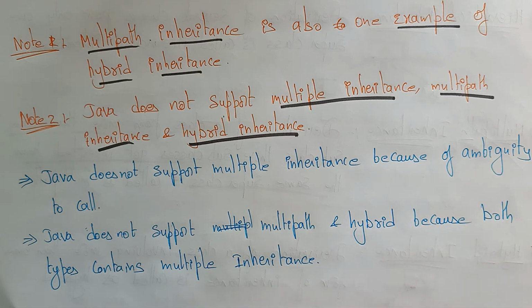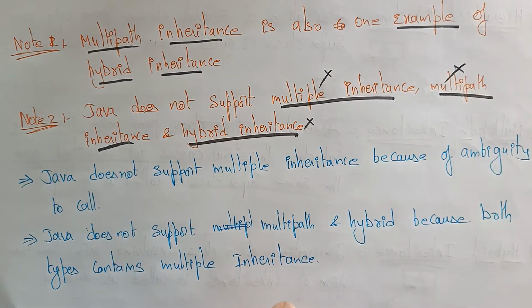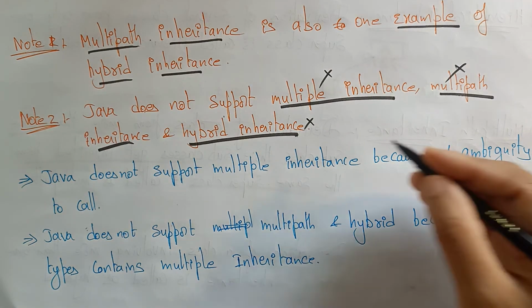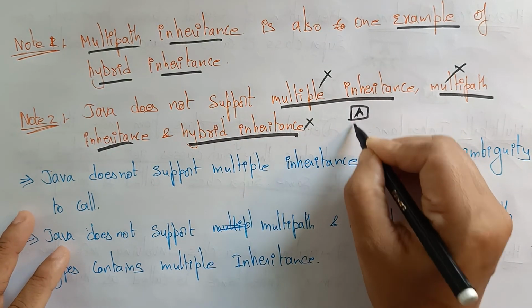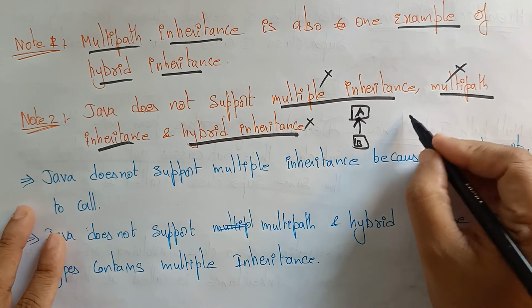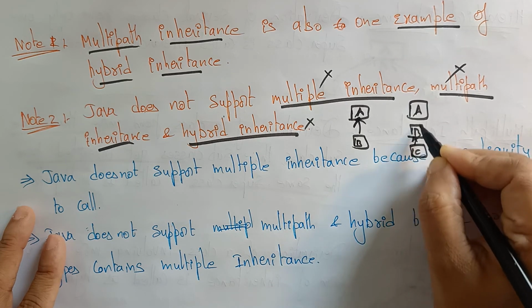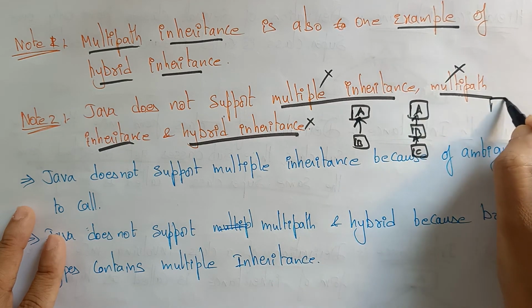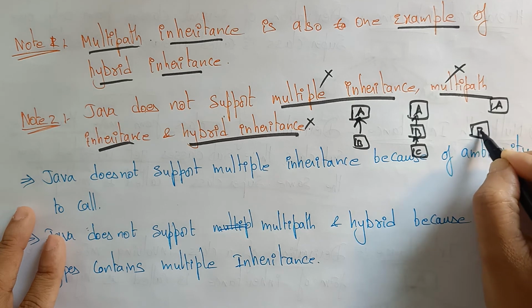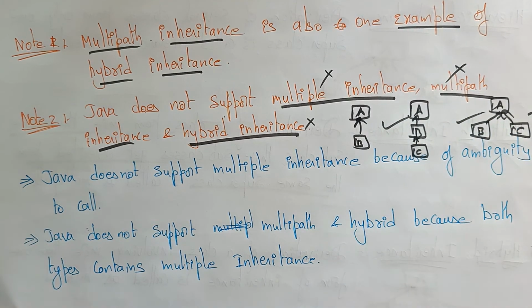Single inheritance is this one. Multi-level inheritance is also supported. And hierarchical inheritance, one superclass and more than one subclass, is also supported.